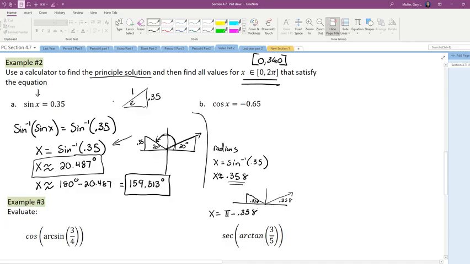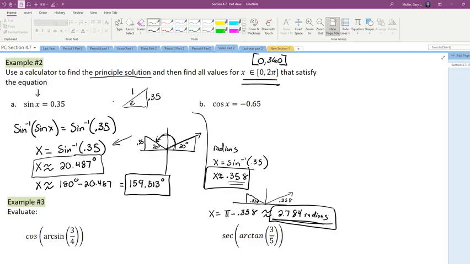So I'm going to subtract from pi, and I get approximately equal to 2.784 radians, right? We don't have a symbol for it. So that's my two answers that we would get. We're used to radians being in terms of pi, but these answers are not in terms of pi.